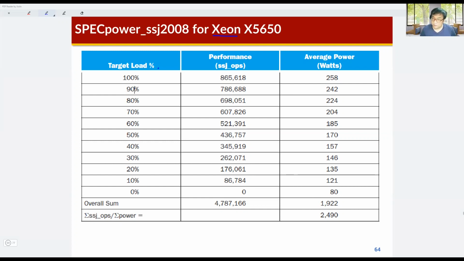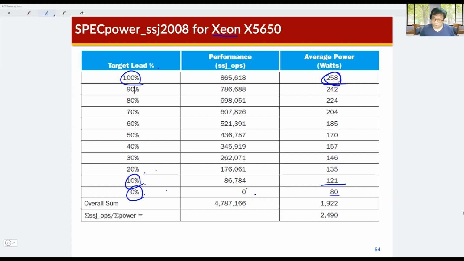But if you see the average power consumption for this target load, if the target load is 0%, the power consumption is 80 watt. 10%, 121 watt. 100%, 258 watt.